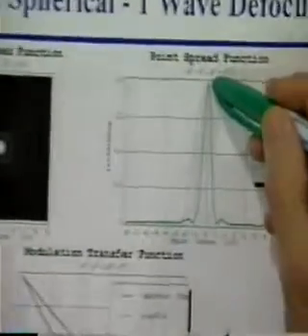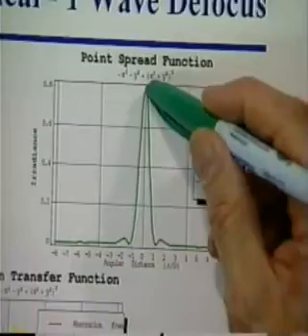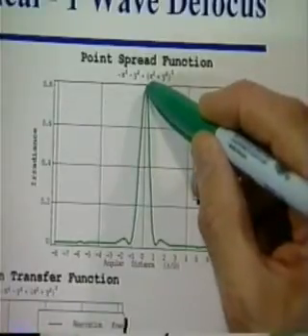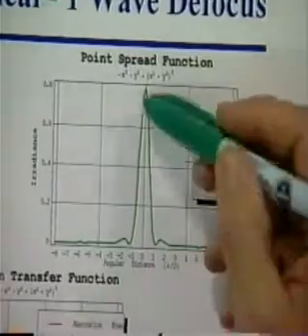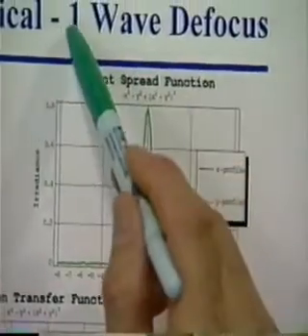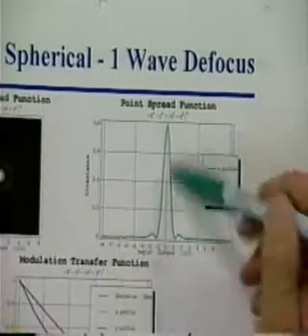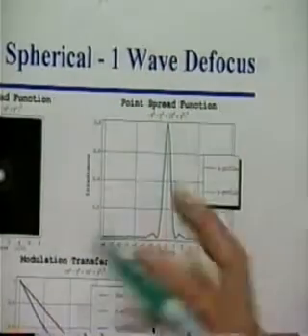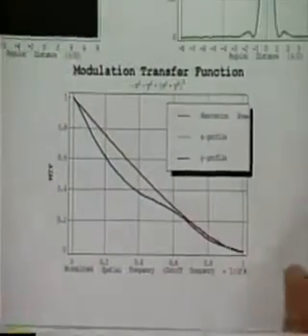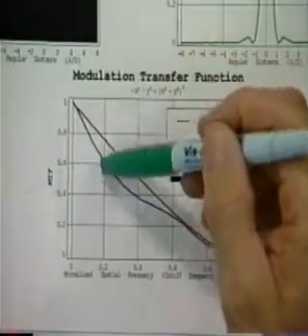If we look at the numbers, the maximum is 0.8, and it'd be 1 if we had no aberration at all. So subtracting this defocus from the spherical has helped the point spread function a lot, and so it's going to help the MTF a lot. And sure enough, when we look down here, it's pretty good.